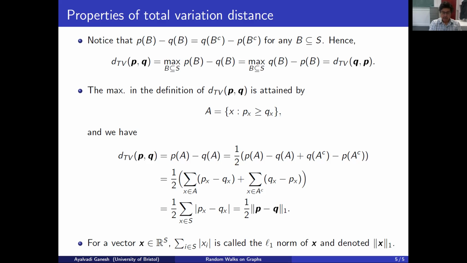And then we introduced a measure of distance between probability distributions in order to quantify the notion of convergence. And then using this quantification, we can talk next time about how quickly this convergence happens.